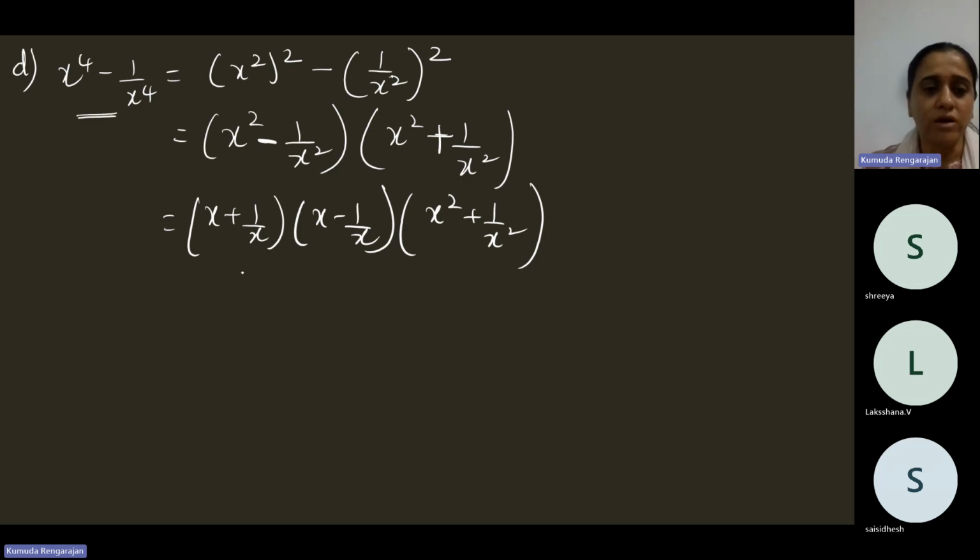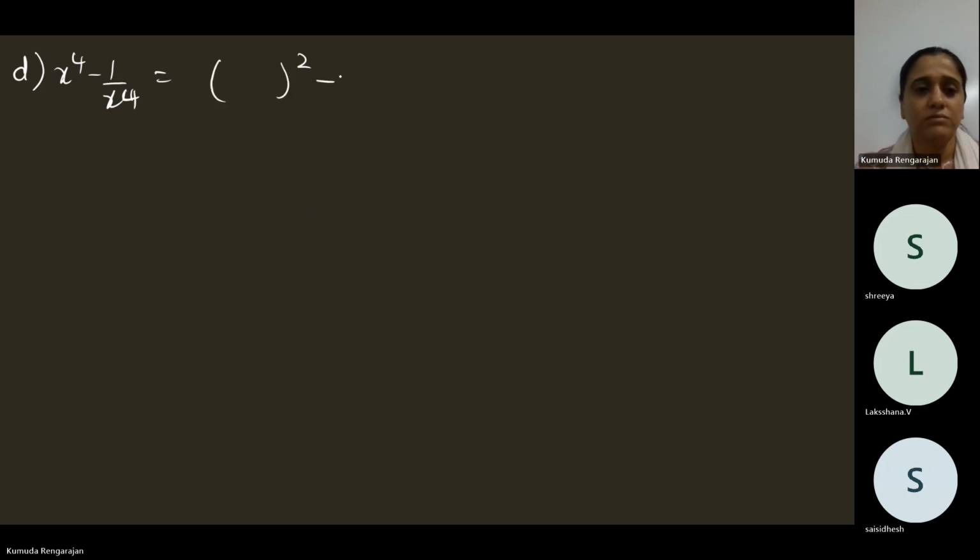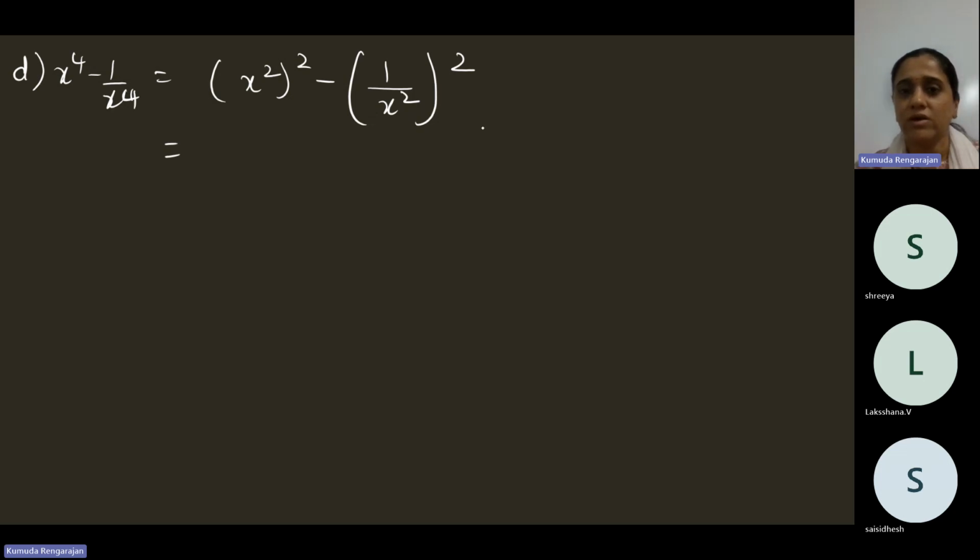So this expression is a product of these three expressions. I'll do this again. See here. x to the power 4 minus 1 by x to the power 4 is equal to, x to the power 4 can be written as x squared the whole square, and 1 by x to the power 4 can be written as 1 by x squared the whole square. Now this is of the form a squared minus b squared, where a is x squared and b is 1 by x squared.